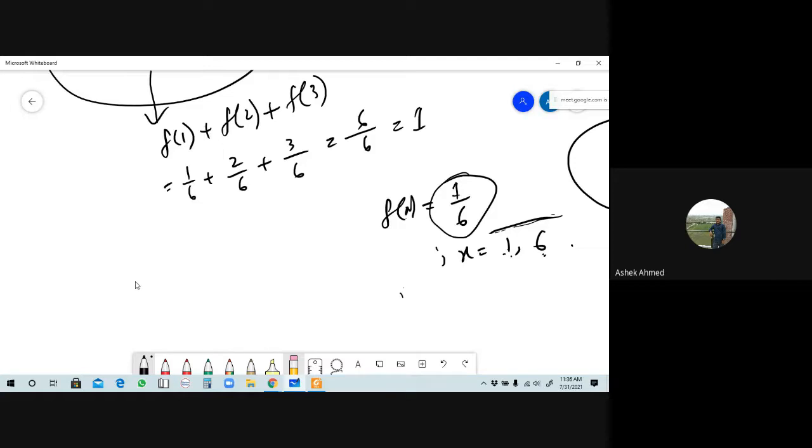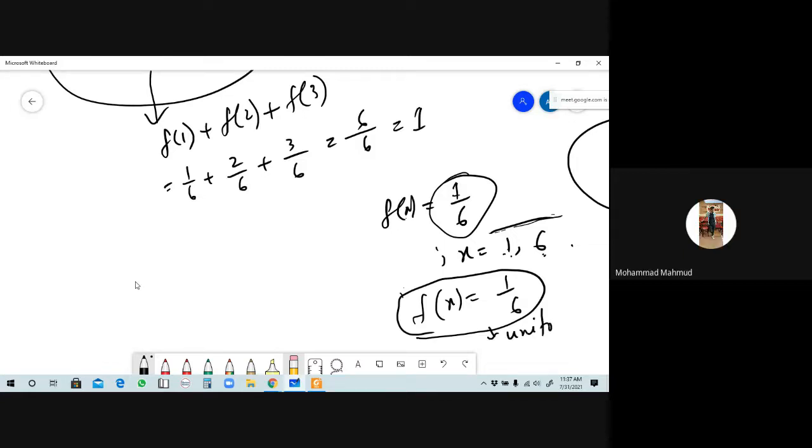So if you substitute x by any number, this will always be 1 by 6. This type of probability is called uniform probability or constant probability. Sir, I did not understand this.